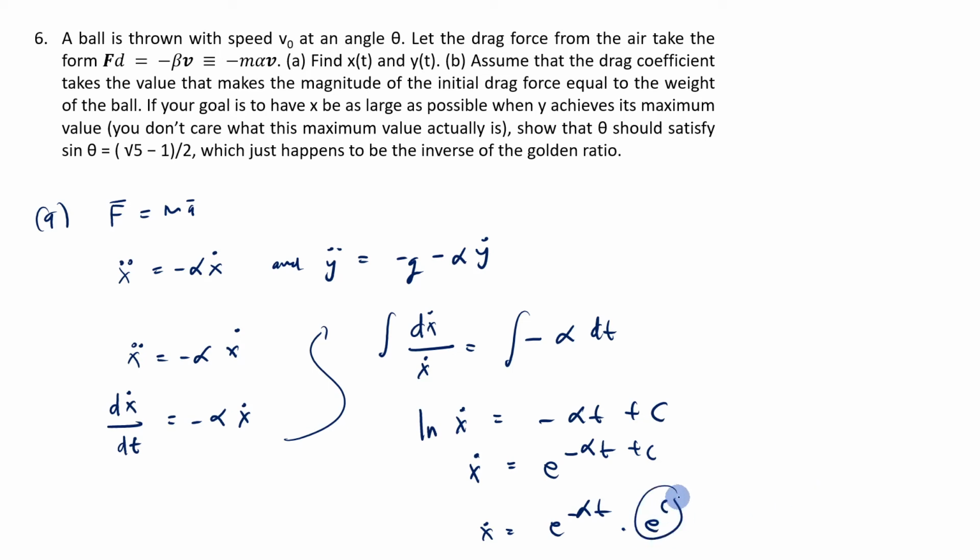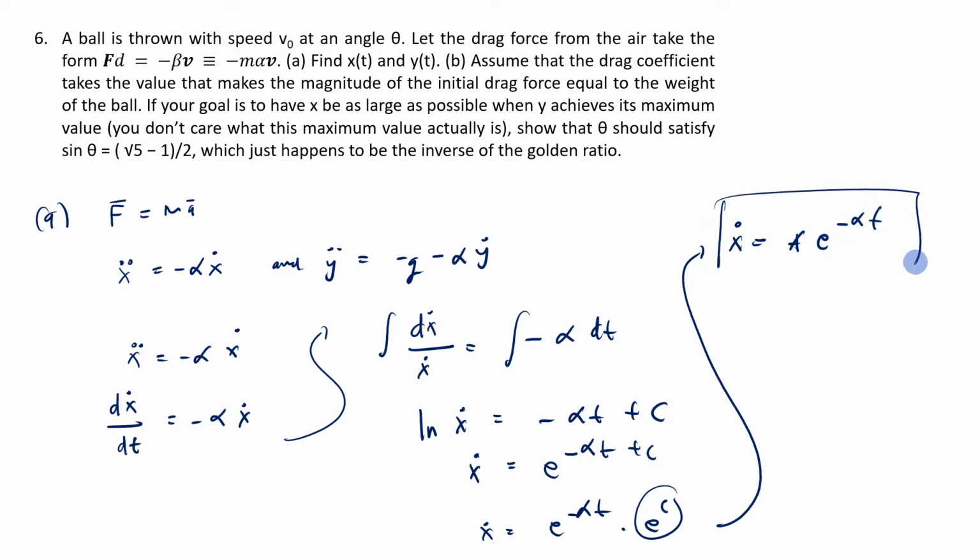Of course, this is a constant value, so we can write x dot as A times e to the minus alpha t.